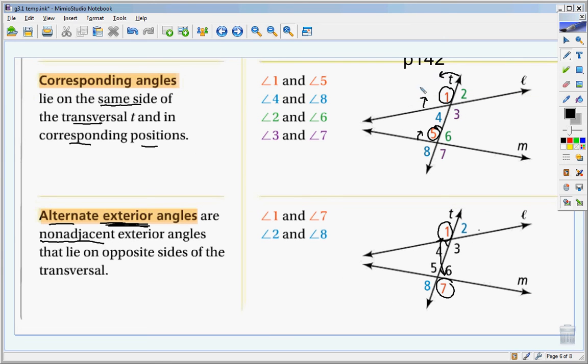It's the only group that doesn't say interior or exterior. But they hold the same corresponding spot. Top left, 1 and 5. Top right, 2 and 6. Alternate exterior, they're on the outside, opposite sides of the transversal. So 4 different angle types that we're talking about today. Questions so far?